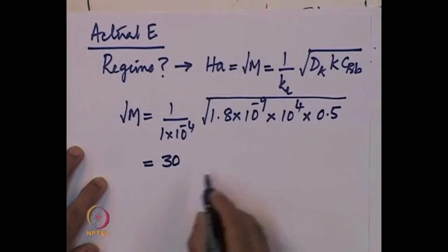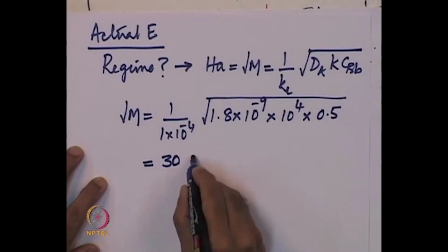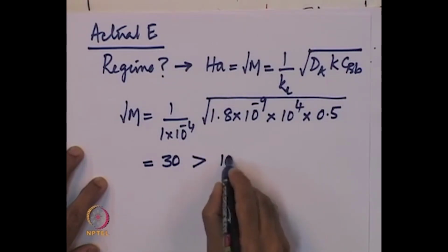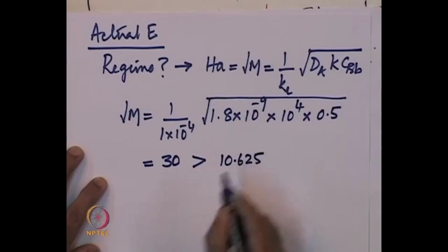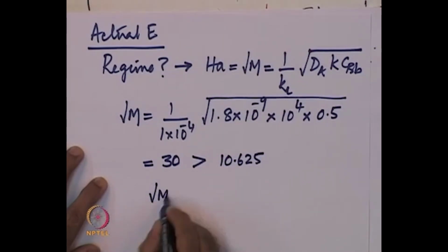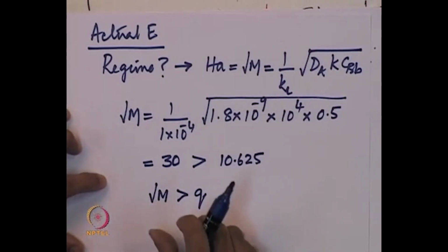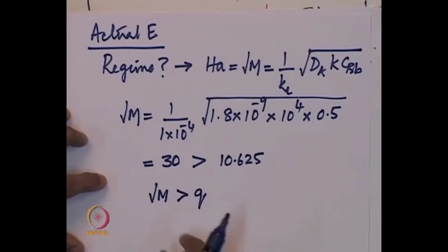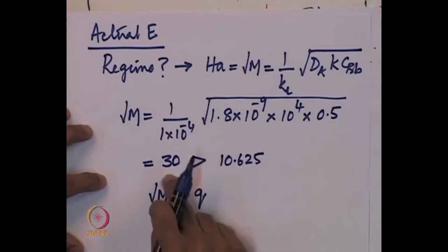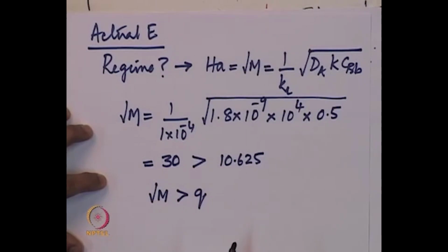Now, comparing this with the value of Q, we find that this is greater than 10.625. So, we have the situation root m greater than Q. Now, in order to assume instantaneous reaction, we would require that root m be far greater than Q. While 30 is more than 10.625, is the difference large enough that we can assume instantaneous reaction? We are not sure of that.